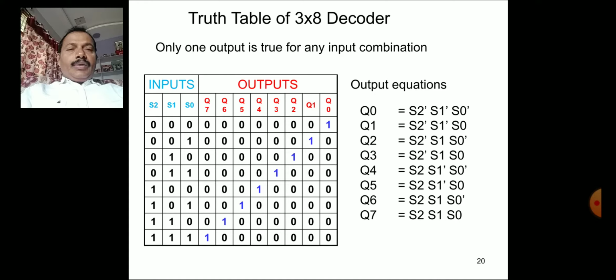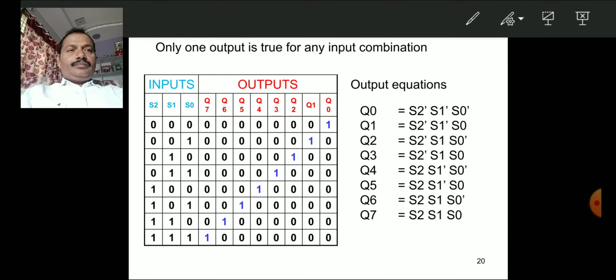Now here, if you observe, these are the inputs S2, S1, S0, because there are 8 combinations: 0 0 0, 0 0 1, 0 1 0, 0 1 1, 1 0 0, 1 0 1, 1 1 0, 1 1 1. These are the input combinations, and we have the outputs Q0, Q1, Q2, Q3, like this.